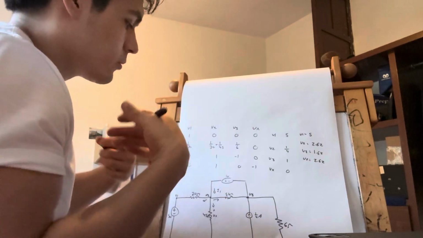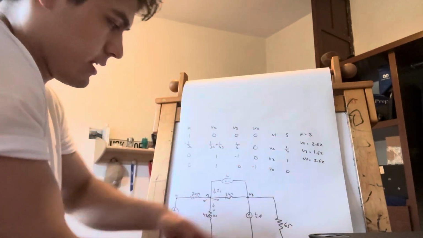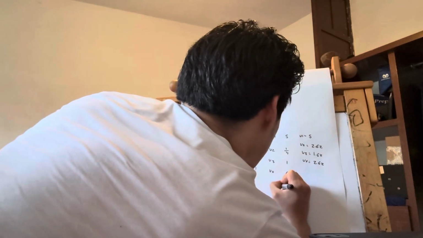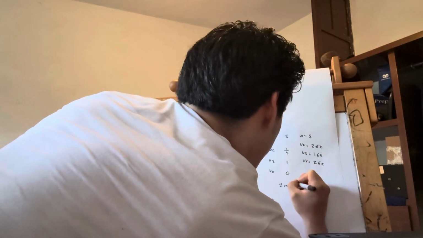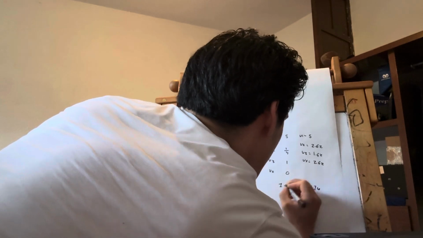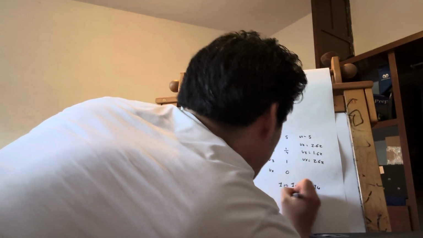I1 will be equal to the currents coming out. So if we do this math, I2 plus I3 plus I4, we will get the value of I1.